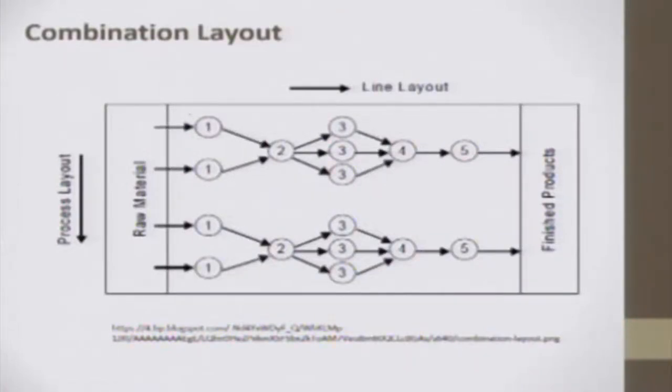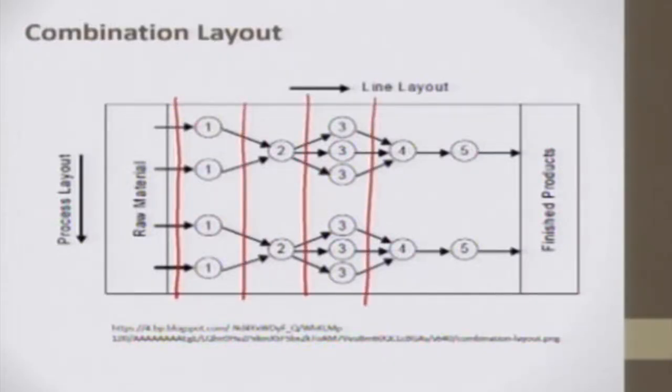So these are process layouts. So this is process 1, process 2, process 3, process 4 and process 5, and on this side it is a line layout in this direction. Two units of process 1 are doing some processing and then delivering the workpiece to process 2. Here obviously process 2 would have smaller processing times.